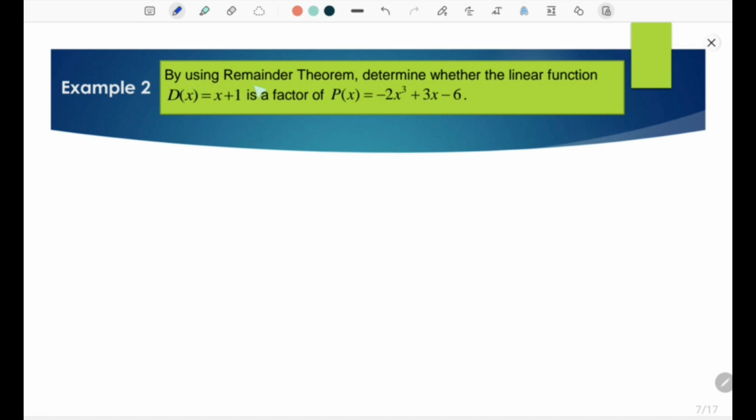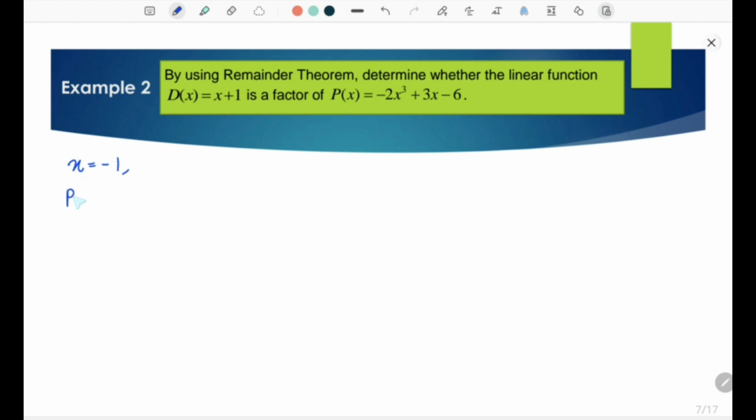Example 2. By using the remainder theorem, determine whether the linear function d(x) equals x plus 1 is a factor of p(x) equals negative 2x cubed plus 3x minus 6. Based on d(x) equals x plus 1, we have x equals negative 1. Now we substitute x equals negative 1 in this polynomial.